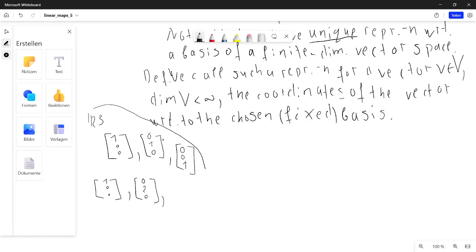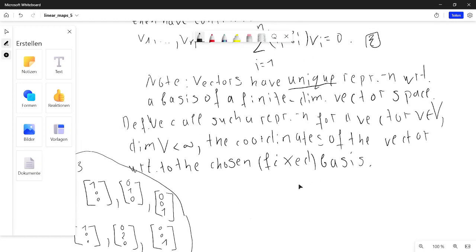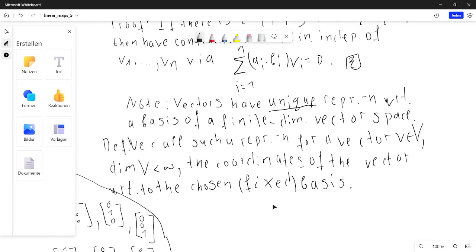Of course, the vectors will in general have different coordinates with respect to these two bases. Yeah, clearly, right.